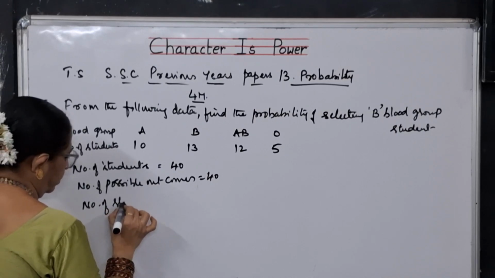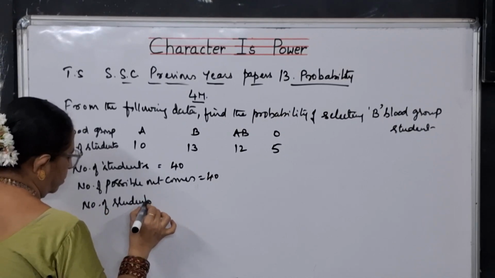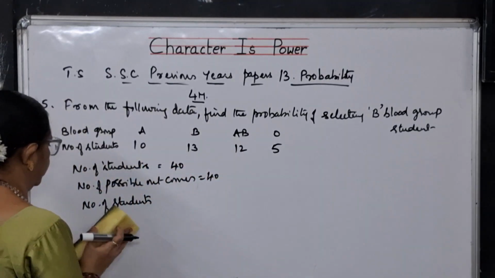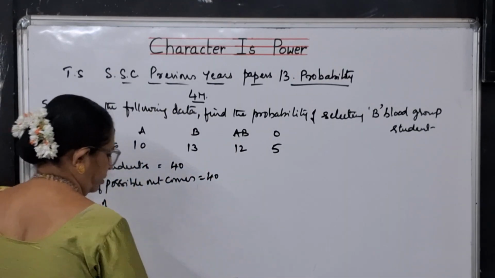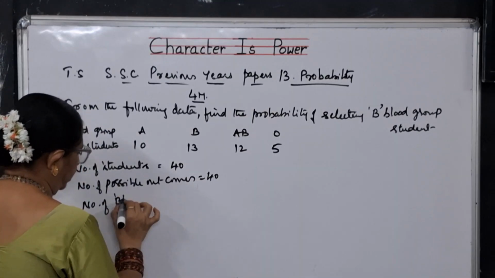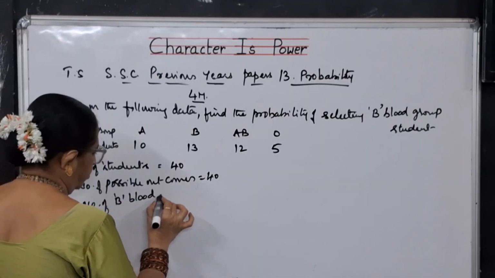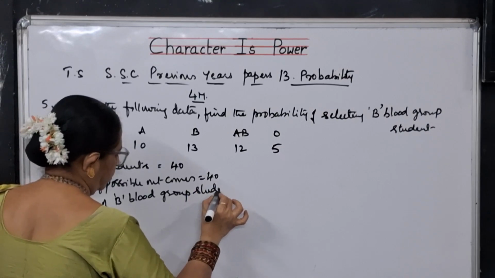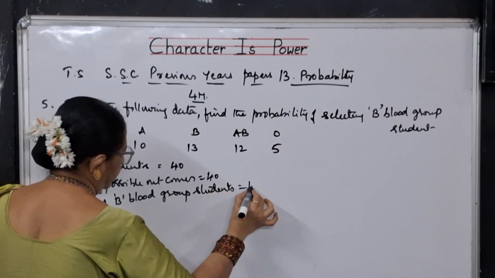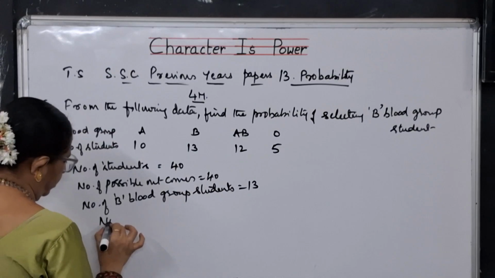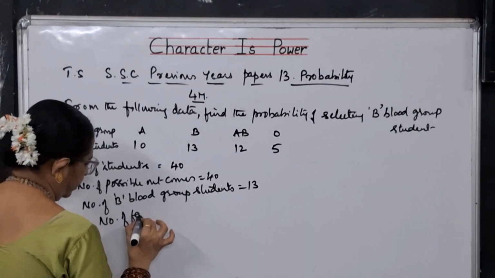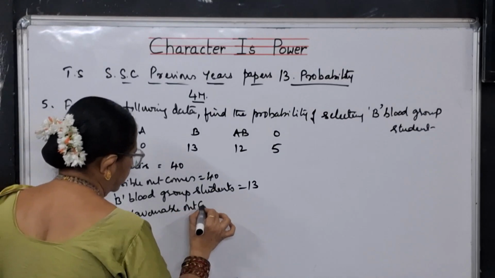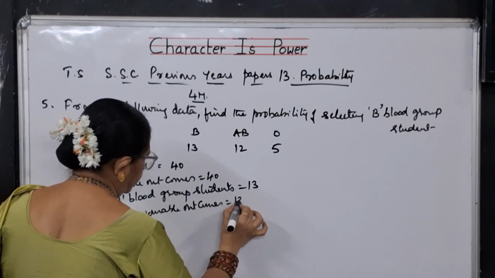So, number of B blood group students, I will write. Number of B blood group students. How many are there? 13. So, number of favorable outcomes is equal to 13.